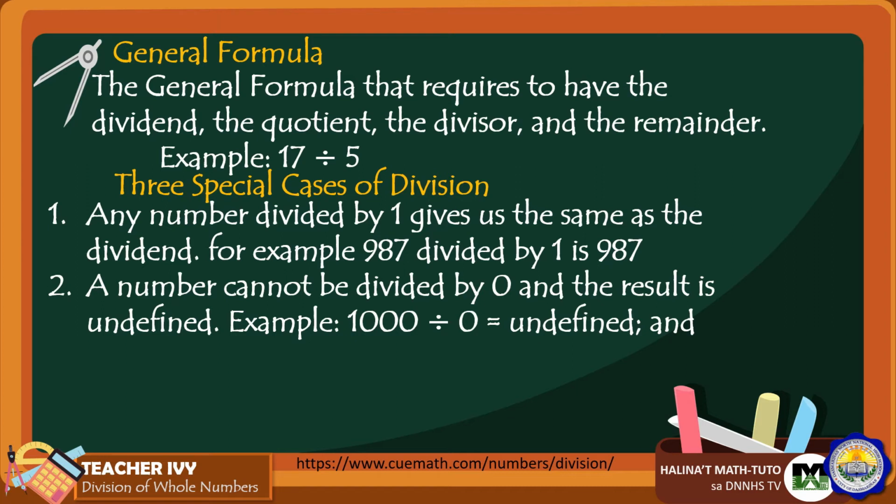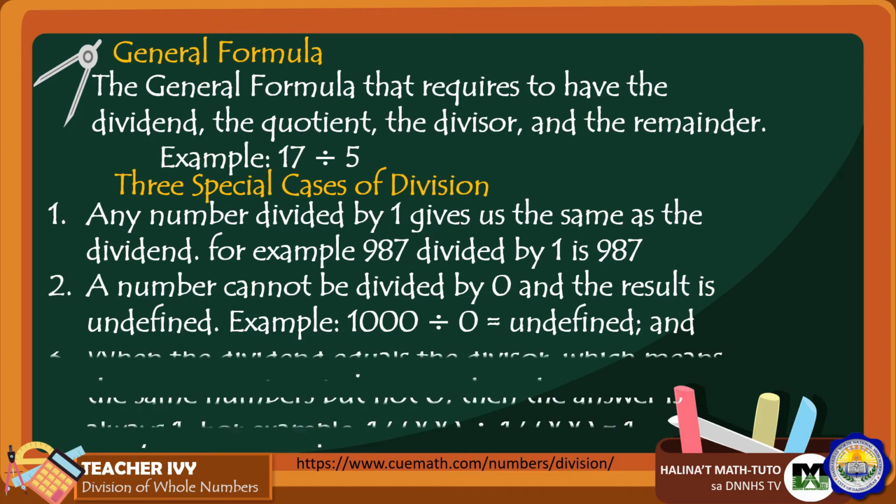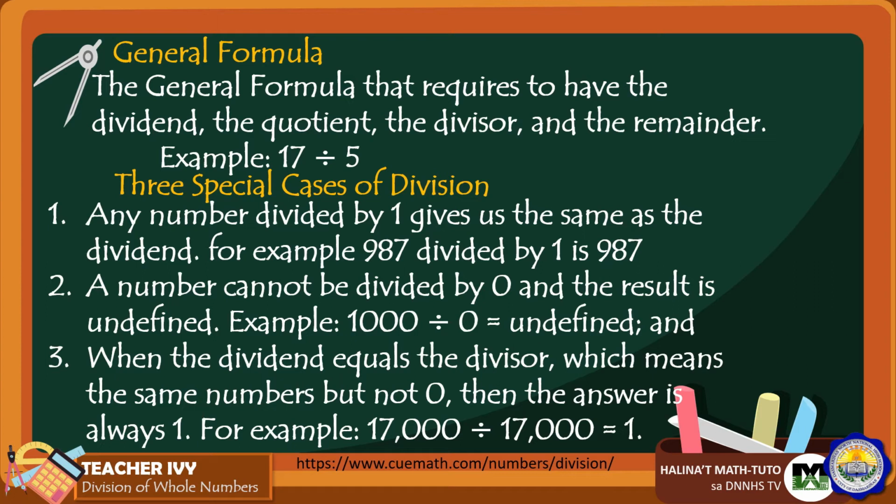Example, 1,000 divided by 0 equals undefined. And number 3, when the dividend equals the divisor, which means that the same numbers but not 0, then the answer is always 1. For example, 17,000 divided by 17,000 equals 1.